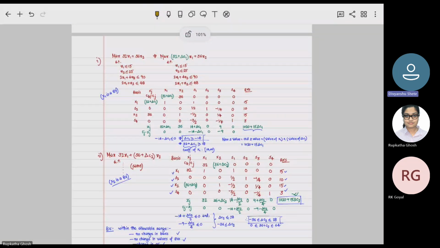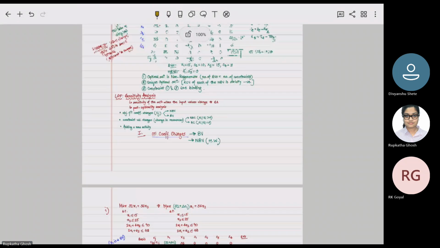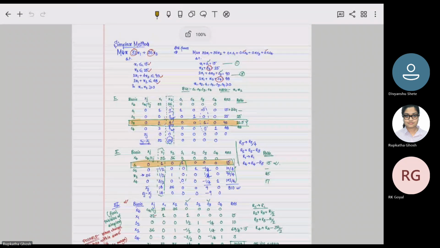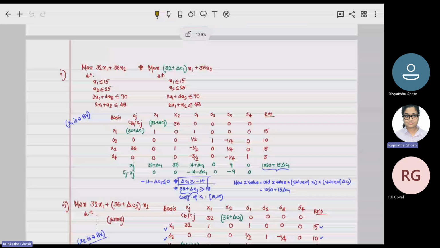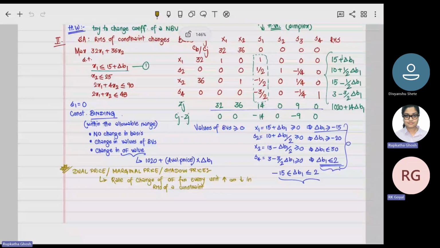Zero. Yes, always. The dual price of a non-binding constraint is always going to be 0. It is going by the very basic definition of a dual price, right?